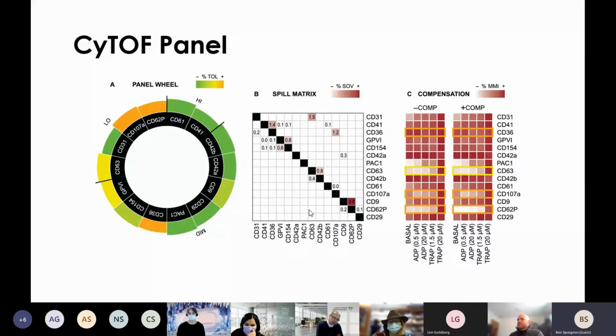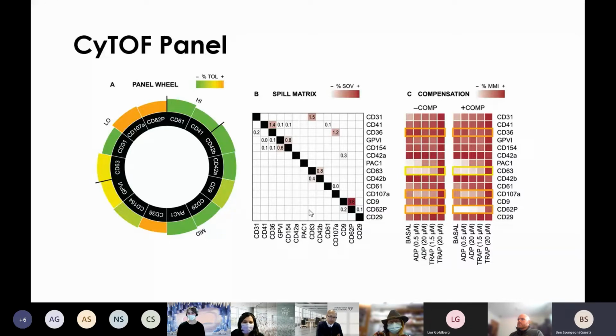We confirmed this by running compensation beads through the Catalyst app and generating a spill matrix, which showed that CD107A, CD62P and CD63 were indeed affected by spill.